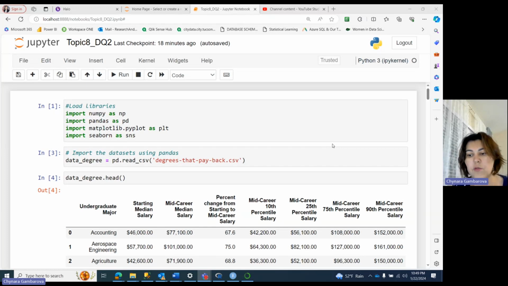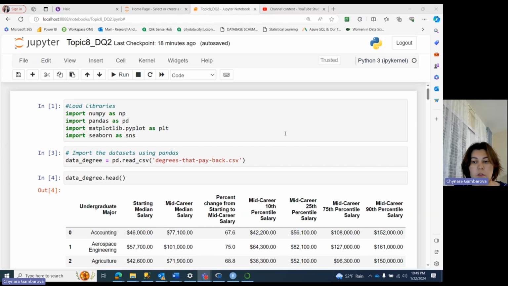Another way is to perform statistical tests like ANOVA, or if you want to see the distribution, the Shapiro-Wilk test and other similar tests.